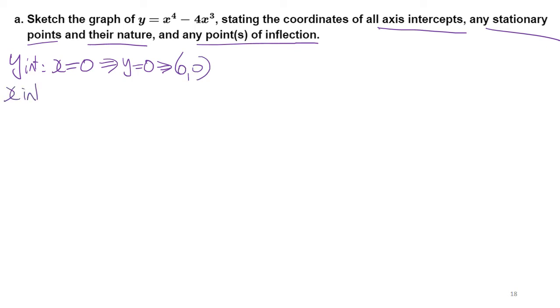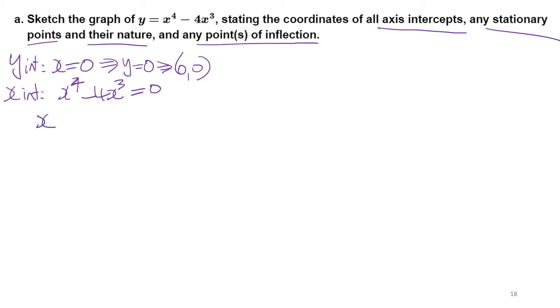Let's solve for our x-intercepts. X-intercepts occur when y equals 0. So we're going to set x to the power 4, take away 4x cubed, equal to 0, and we need to solve for x. How do we solve it? Well, the easiest one we can see would be x equals 0, but for the other one, we need to factorize first. What is the common factor between these two terms?